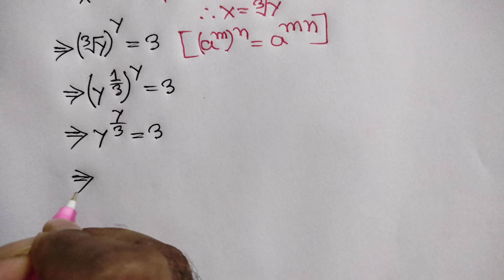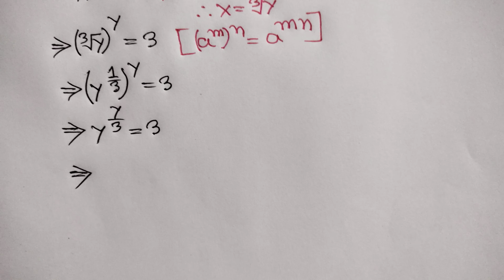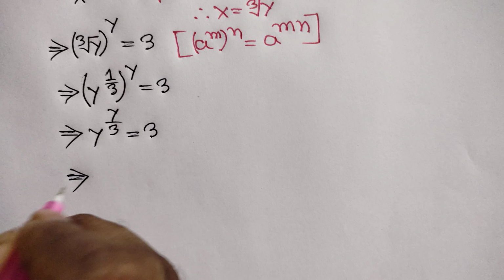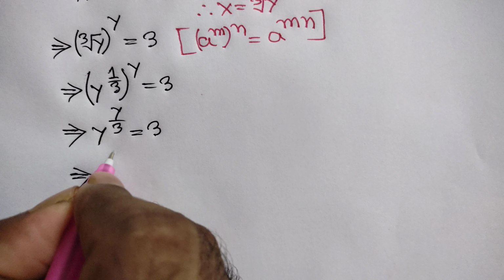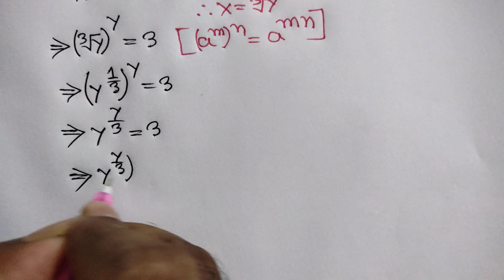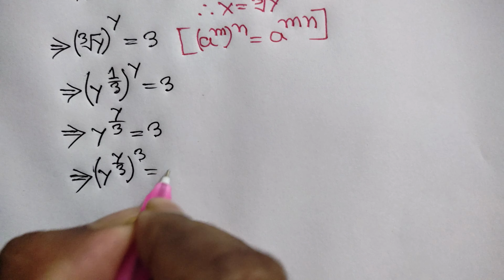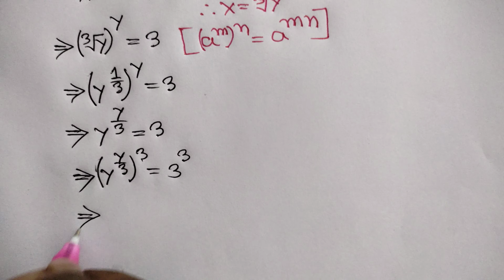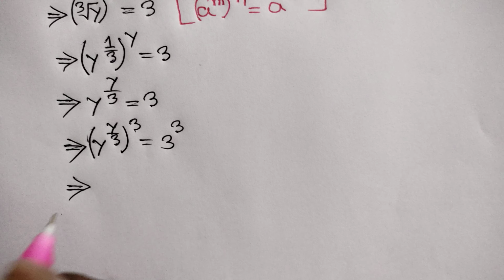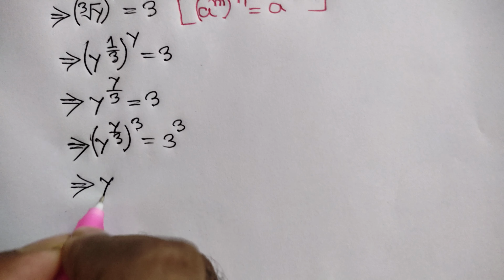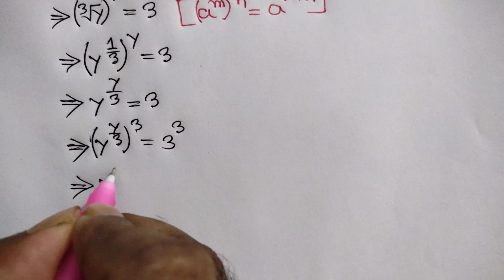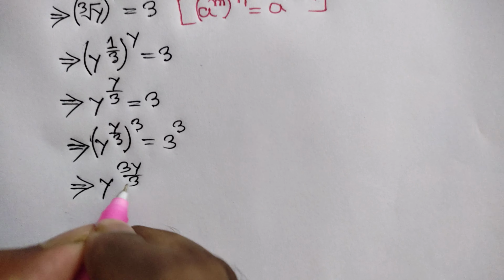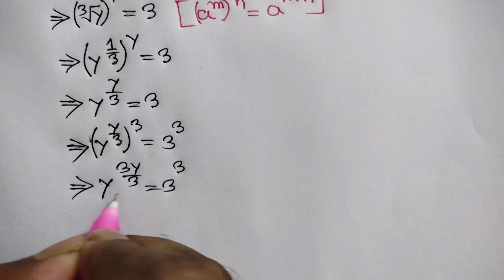Now taking exponent 3 on both sides, we can write here y to the power y over 3 whole to the power 3 is equal to 3 cube. Now we can write here y to the power 3y over 3 is equal to 3 to the power 3.